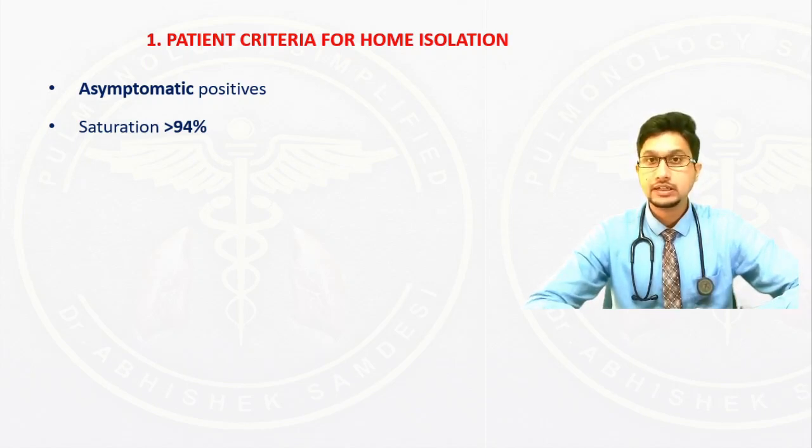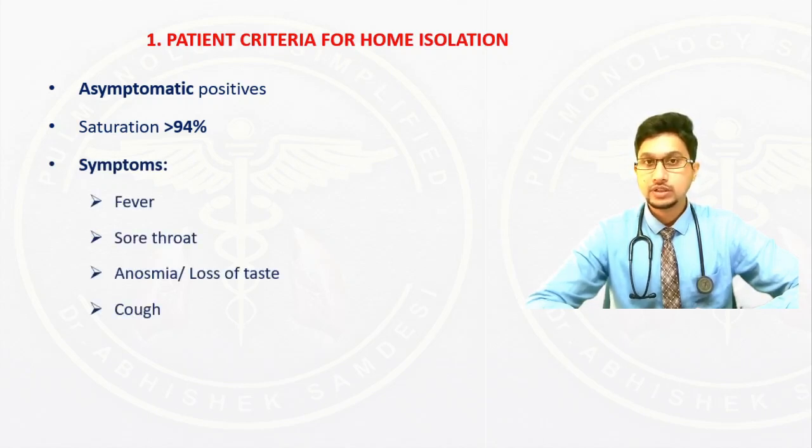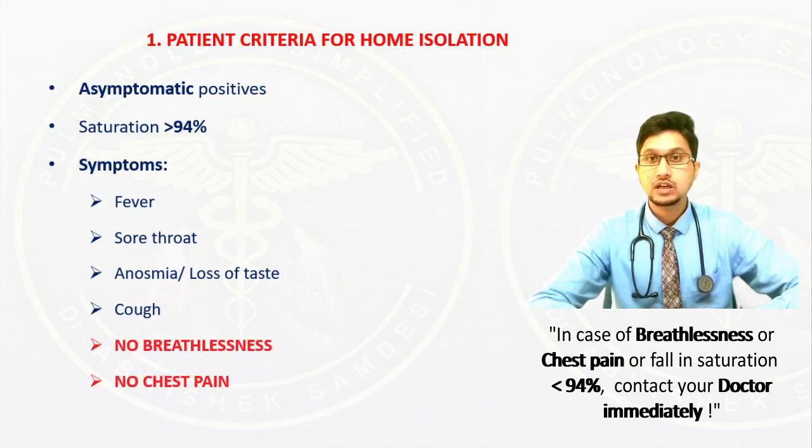The other criteria is those who have symptoms. The following symptoms are fever, sore throat, anosmia, loss of taste, and cough. They should not have any breathlessness or any chest pain. These are the criteria for patients who can be isolated at home and care to be given at home.